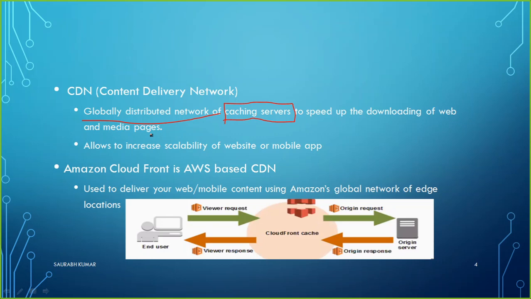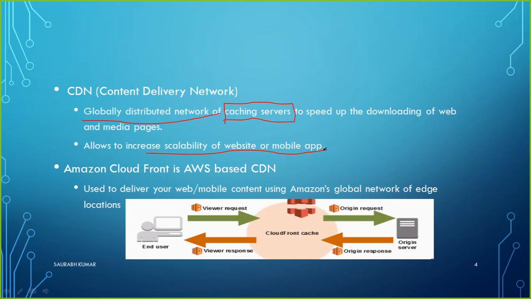To provide that content all over the world, they need the help of the cache so that they can provide their video, their audio, their website very fast to the customer side. It also allows you to increase the scalability of the website or mobile app. That is another point about CDN: by using CDN you are increasing the scalability of your website or any mobile app which you have.